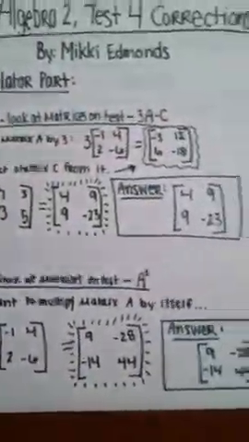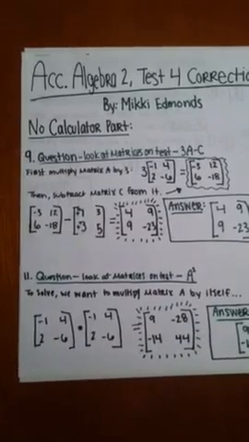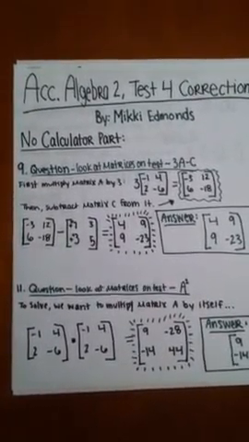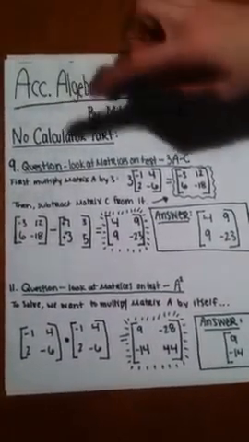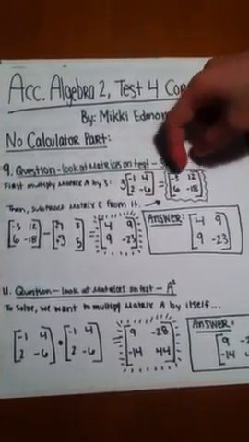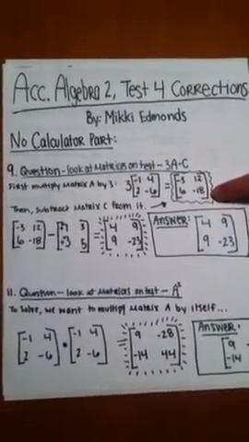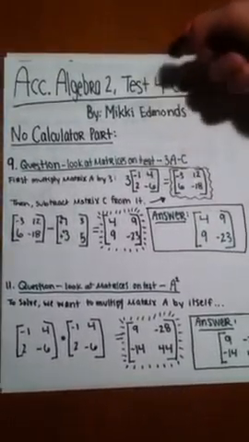On the test, I accidentally thought that B was C for some reason, and it was a 3 by 2, so I said that it wasn't possible. But anyway, first you multiply matrix A by 3, and this is your answer for that. Then you subtract matrix C from it.